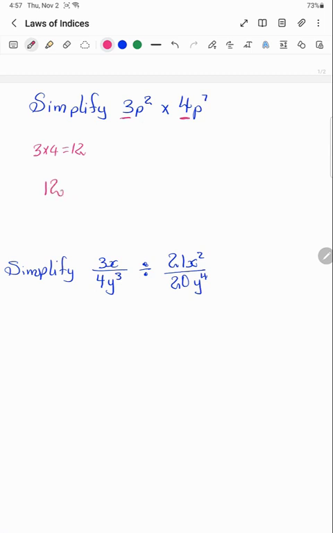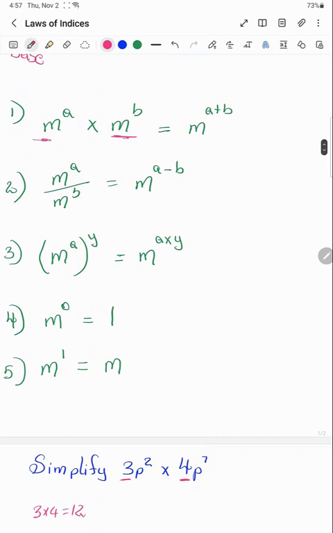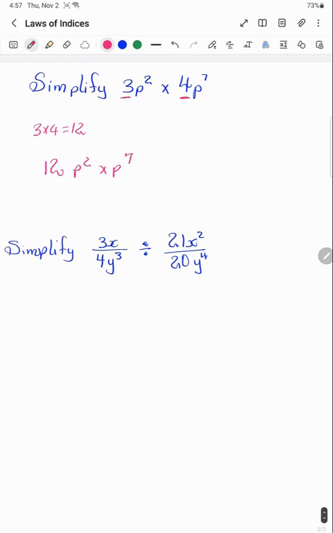Then we have p squared multiplied by p to the 7th power. And if we look back here, if we're multiplying like bases, we add the powers. So we put the 12 back. The base stays, and 2 plus 7 gives us 9. There's no cancellation. That's it.